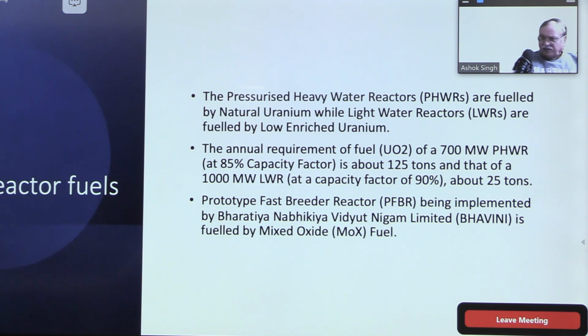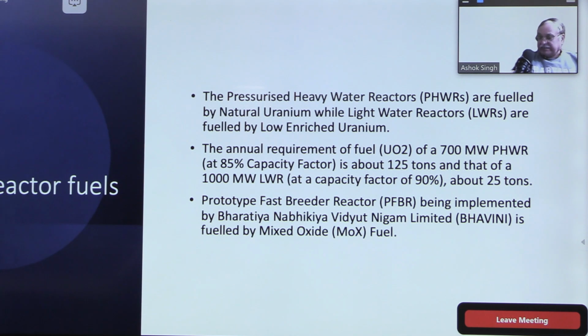Now, the fuels that are being used, let's comment on these fuels before we talk a bit more about these fast breeder reactors. Pressurized heavy water reactors use natural uranium. Light water reactors are using low enriched uranium. India needs, for a 700 megawatt PHWR, about 125 tons of fuel every year. And for a 1000 megawatt LWR, we need about 25 tons of fuel every year.